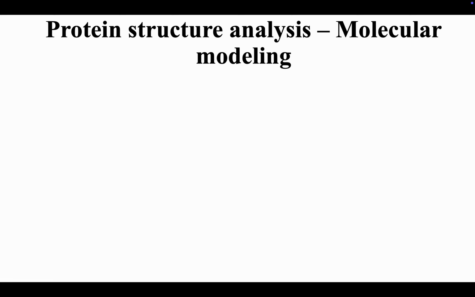Then the next is we can also analyze the protein based upon other approaches. So these all were the experimental methods, which in the previous slide we studied: X-ray crystallography, NMR spectroscopy, circular dichroism, and infrared spectroscopy. These were all experimental methods wherein you have to purify the protein, do different spectroscopy techniques, do crystallization.